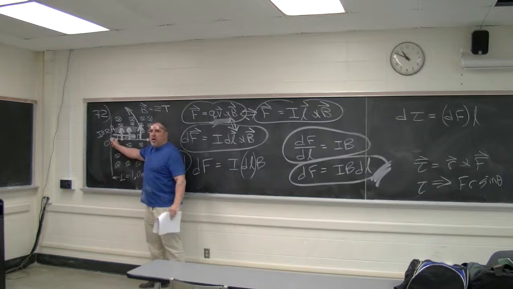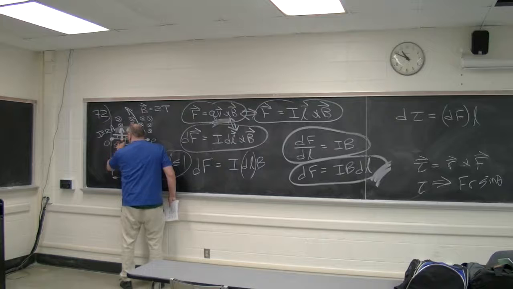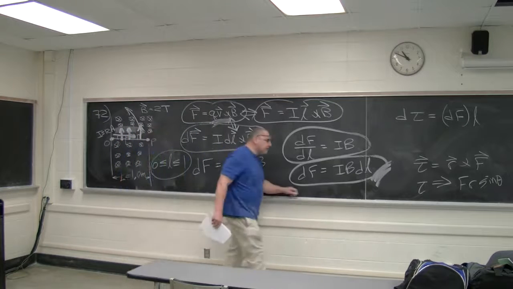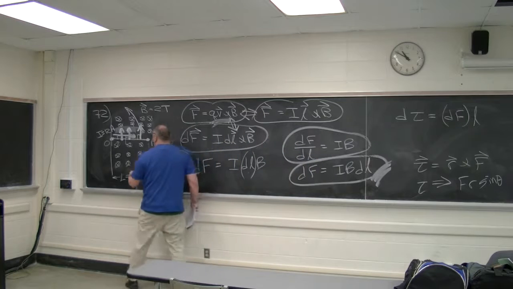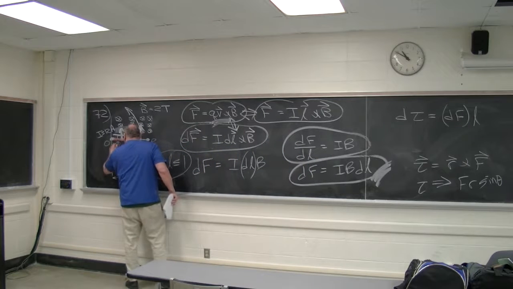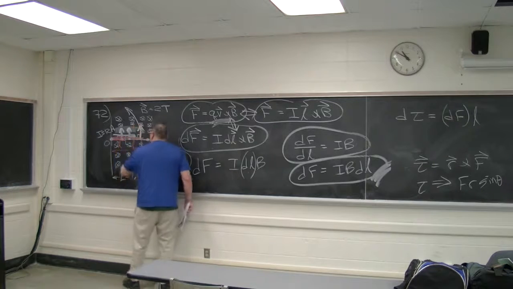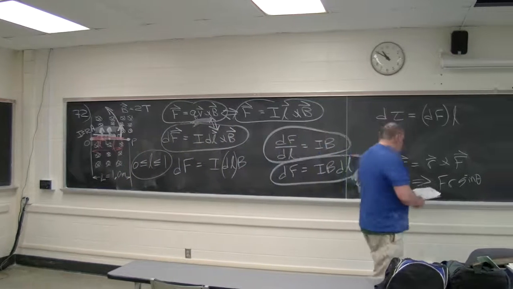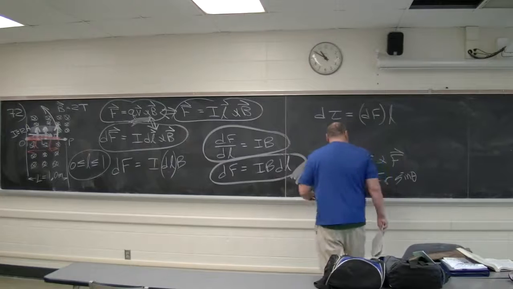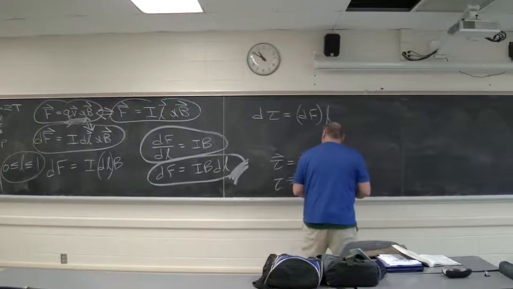I'm going to get the torque on this thing at every single location. For example, right here, that's L. Right here, that's another L. L is going to vary from 0 to 1, and we're going to figure out what's going on with all that.